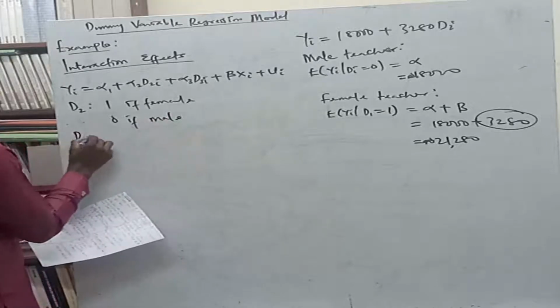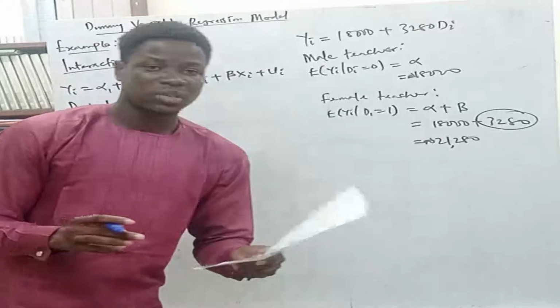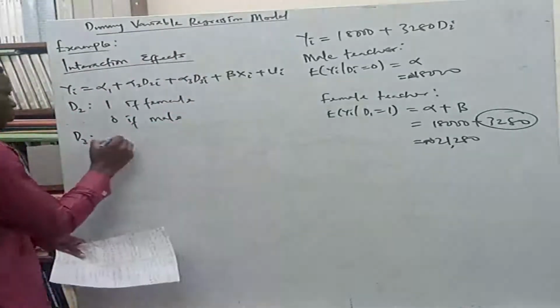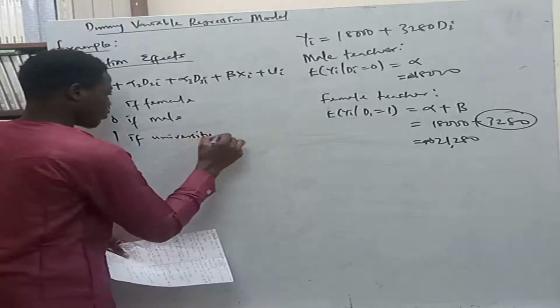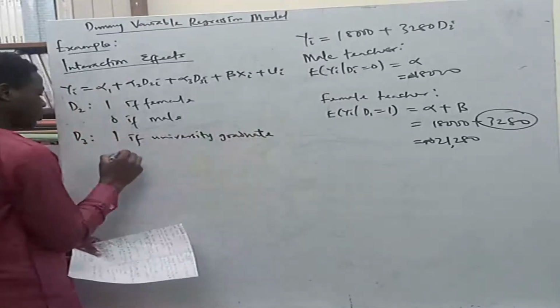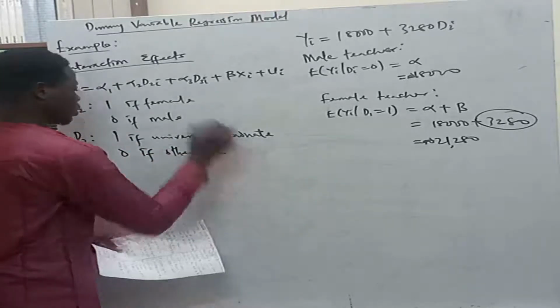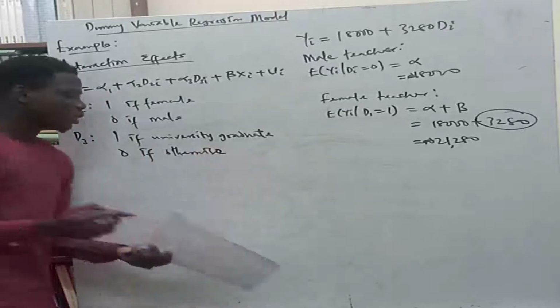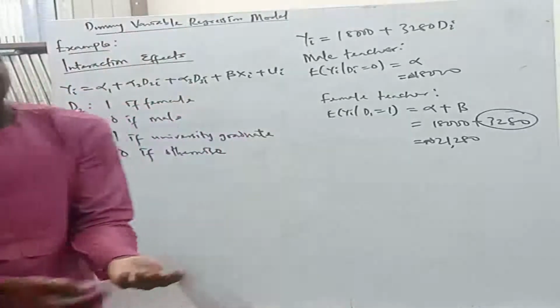Then D3 is for whether the person is a university graduate or not, 1 if university graduate, 0 if otherwise. So it's possible you have a male university graduate, or a female university graduate.